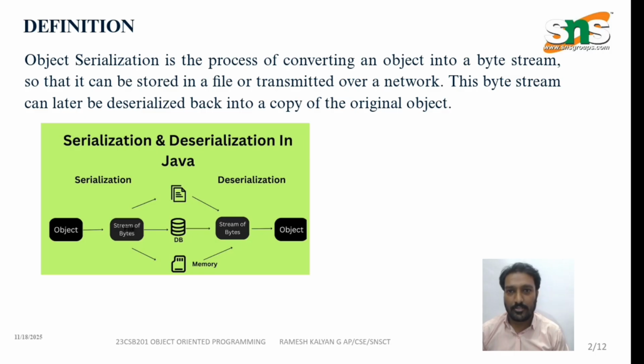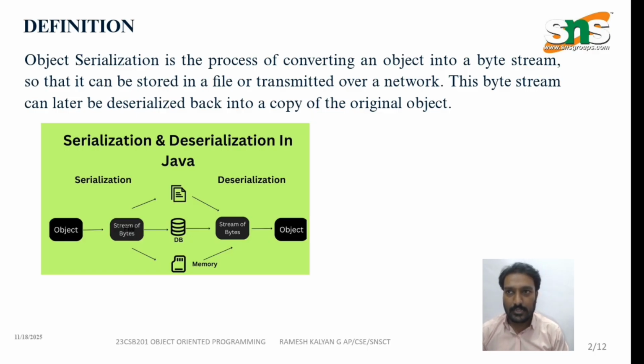Before getting into the topic, we will see the definition of object serialization. Object serialization is the process of converting an object into a byte stream so that it can be stored in a file or transmitted over a network. This byte stream can later be deserialized back into a copy of the original object.